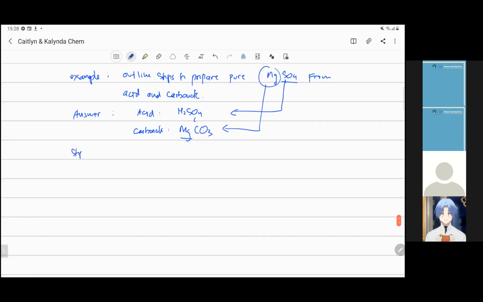Step 1. Put sulfuric acid in a beaker, or you can also use either a beaker or conical flask. Step 2. Okay. Put a little magnesium carbonate.